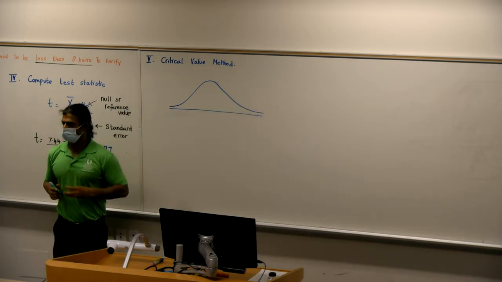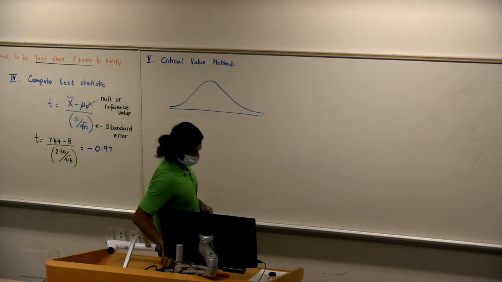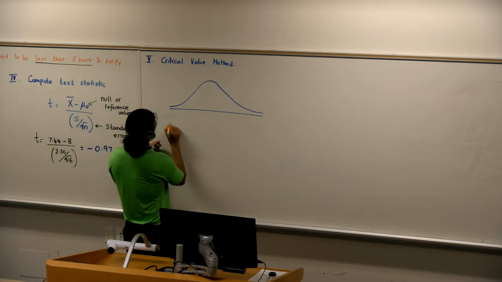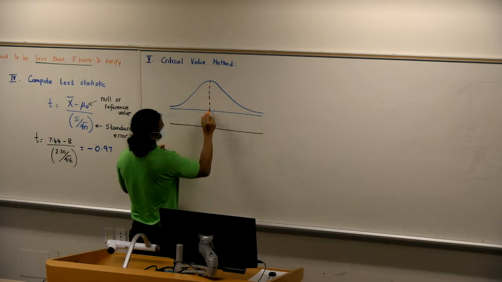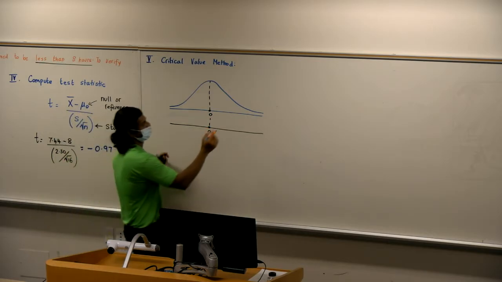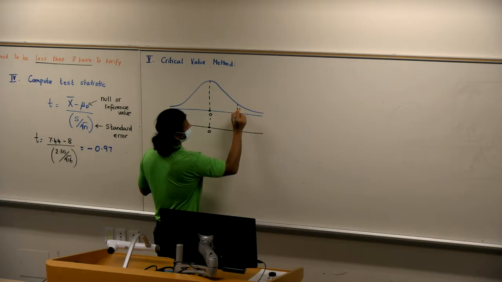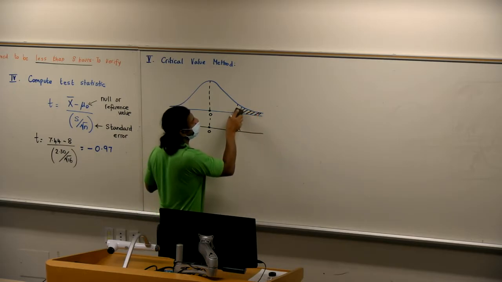A t-distribution looks very much like a bell curve. That's the real number line, so that's the t line.